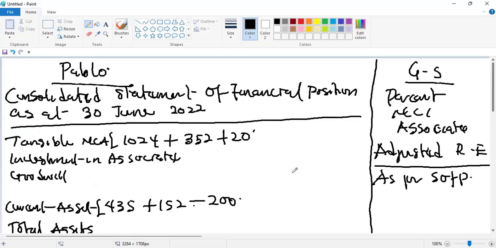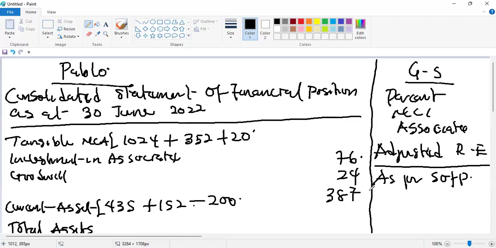Then investment in associate is 76. The goodwill is 24. Current assets 435 plus 152 minus... 387.